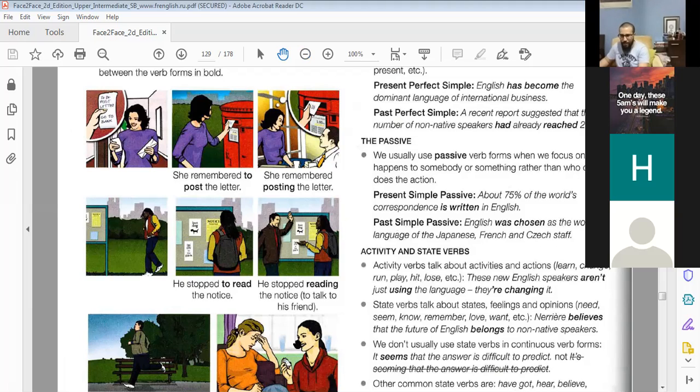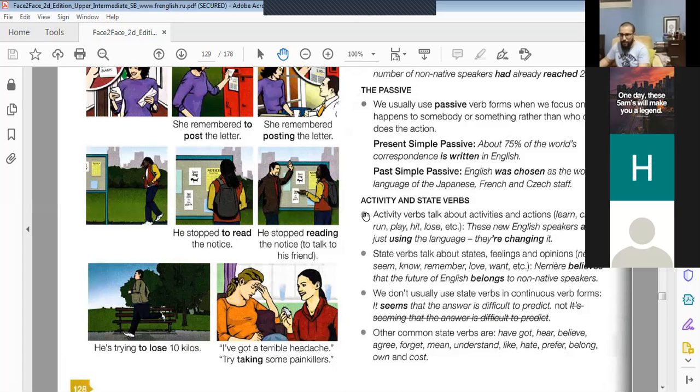What else do we have? Let's see. Activity and state verbs. Belongs, believes. We didn't find belongs, right? Did we include belong? Was it in pink? No, it wasn't in pink, right? Okay, so it's not our fault.